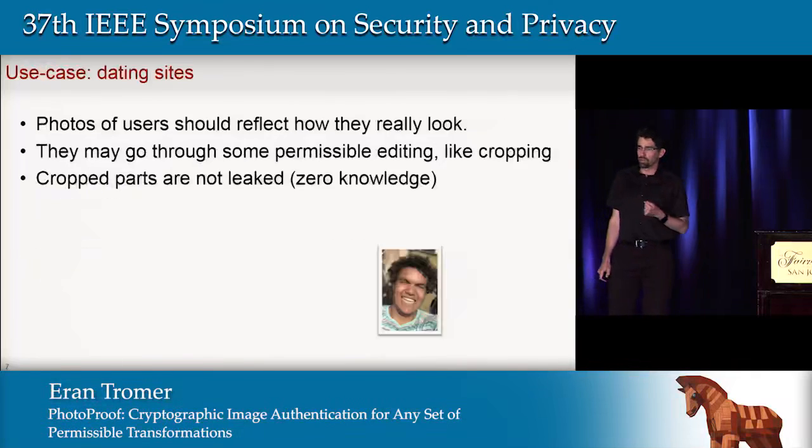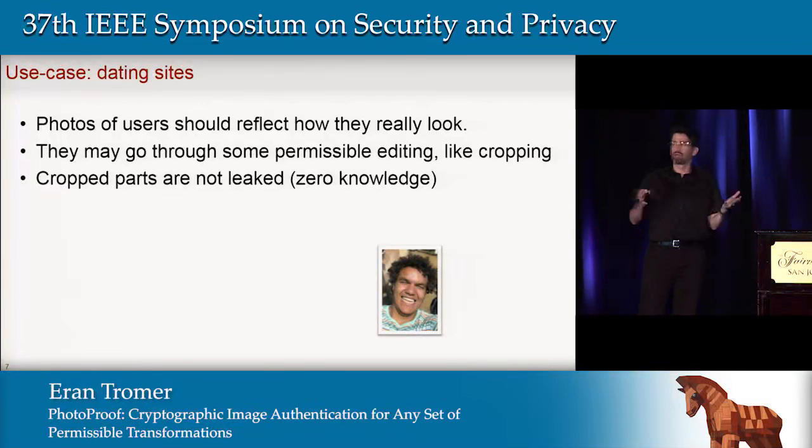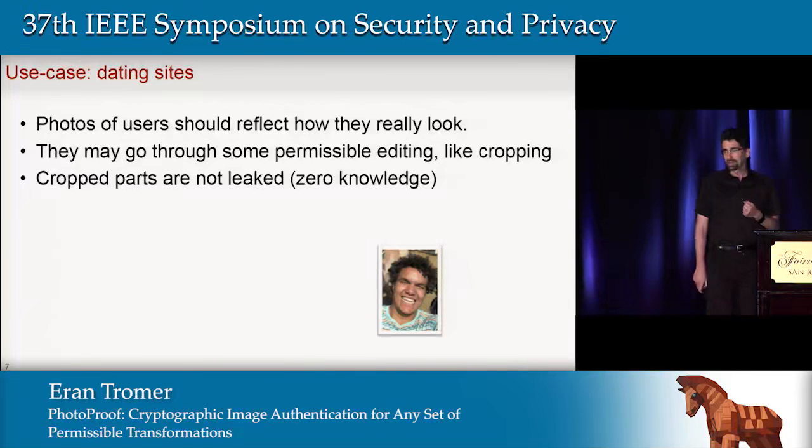So as a quick use case, let's go back to dating websites. Photos should reflect what users really look like, which dictates a set of transformations that we can haggle over. We also want to make sure that if a transformation loses information, like cropping, then that information is really lost.